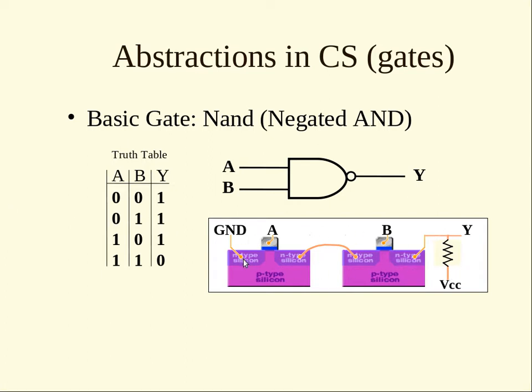And of course, if electricity flows to ground, then it will output a 0. So it's only 0 if both A and B are on. Otherwise, it's 1. Because if only B is on, it can't get through A, so it goes through Y. And if only A is on, it can't get to ground because B isn't on.